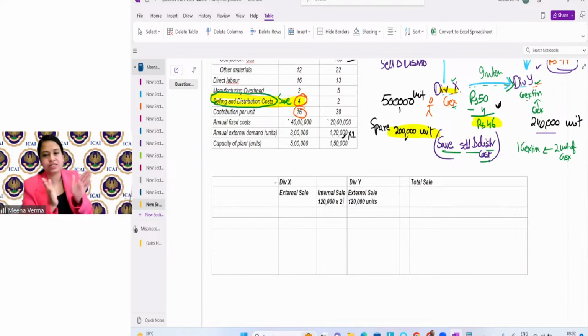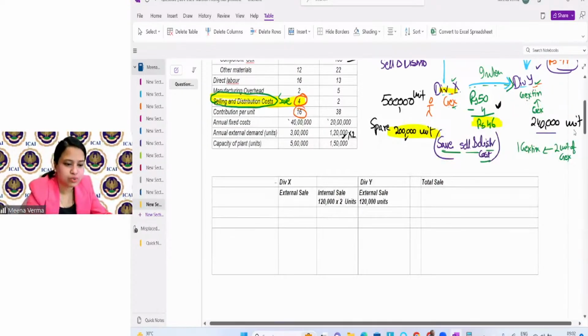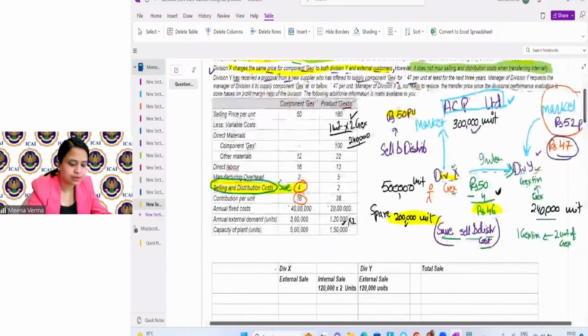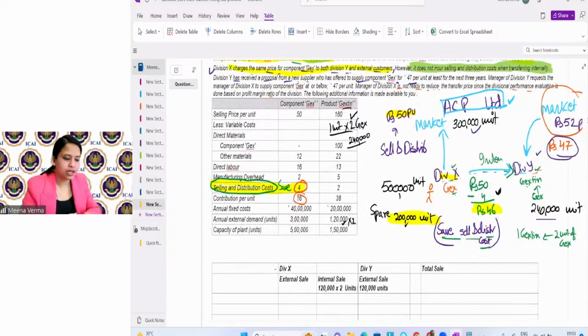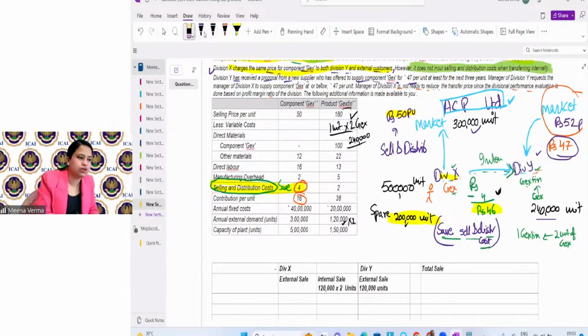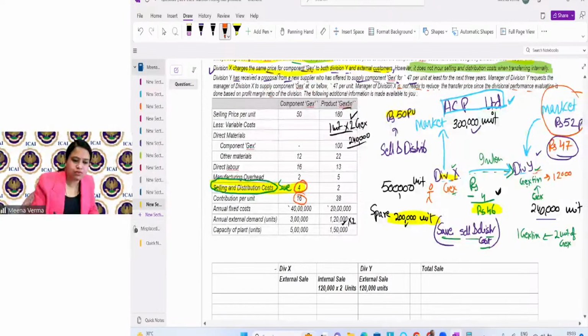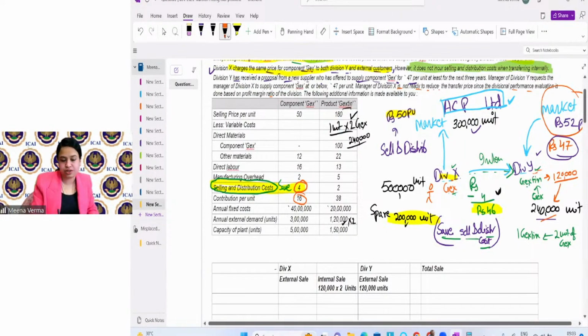I told you, we need 2,40,000 units. If you want to sell 1,20,000 units of Jixton, you need 2,40,000 units of raw material.